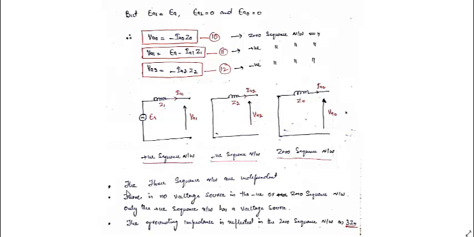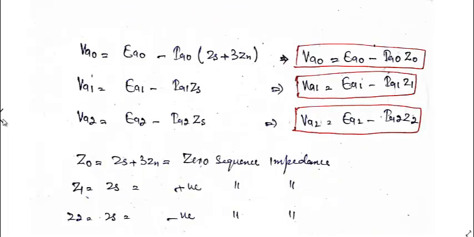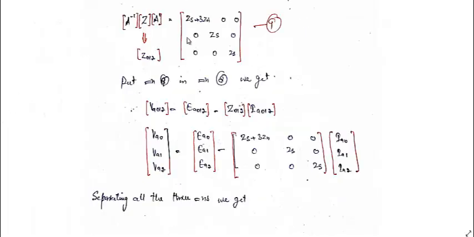So the important thing from this is that the three sequence networks are independent, and the independence is given by this matrix. You can see that any sequence equation does not contain any other sequence equation.